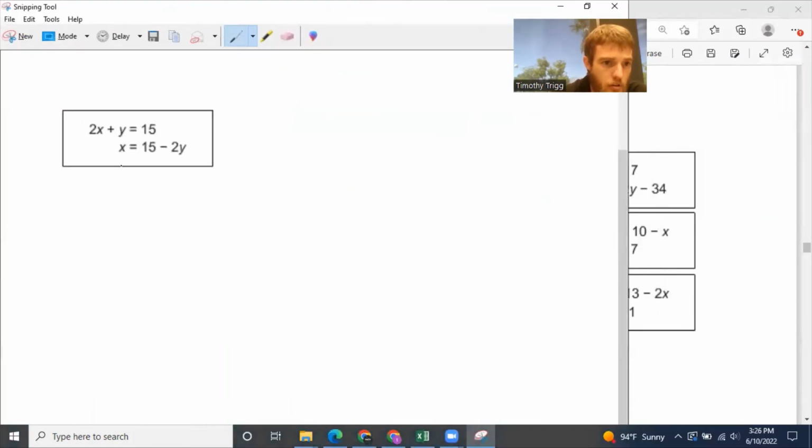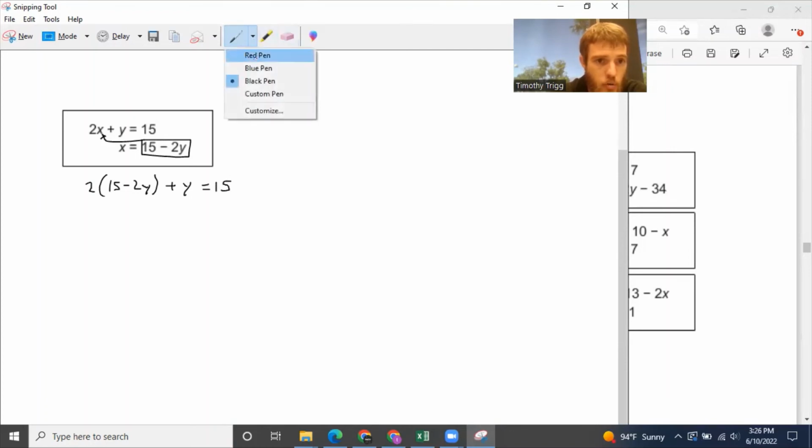Okay, here I'm just going to use substitution. Since it says x equals, I'm going to go ahead and take this and replace it in for x in the top equation. So that's going to be 2 times 15 minus 2y. And we also have a plus y equals 15. Go ahead and distribute this 2 here, giving us 30 minus 4y plus y equals 15.